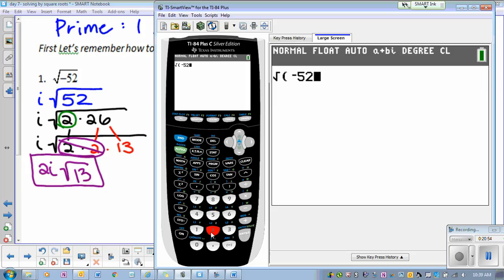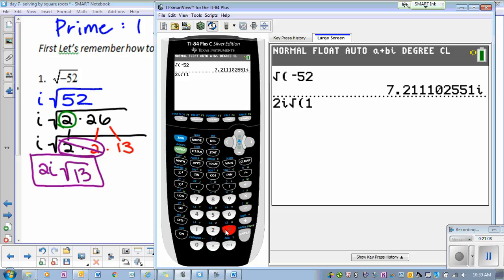Look at that weird decimal with the i at the end. Now put in your simplified answer, 2i root 13. Did you get the same thing? Yeah, that's how you know you simplified it correctly.